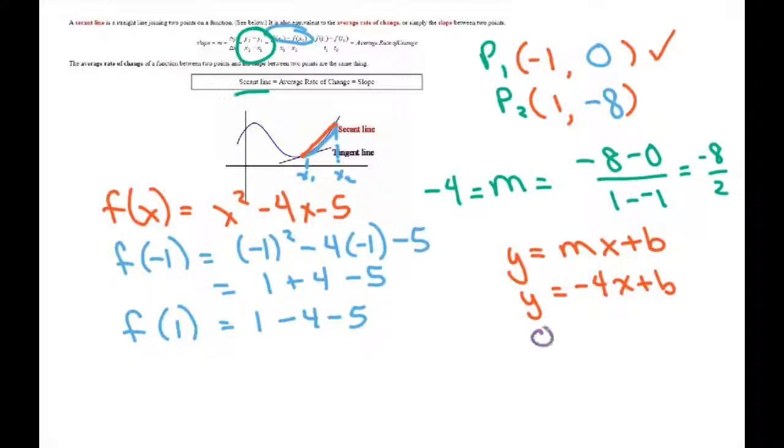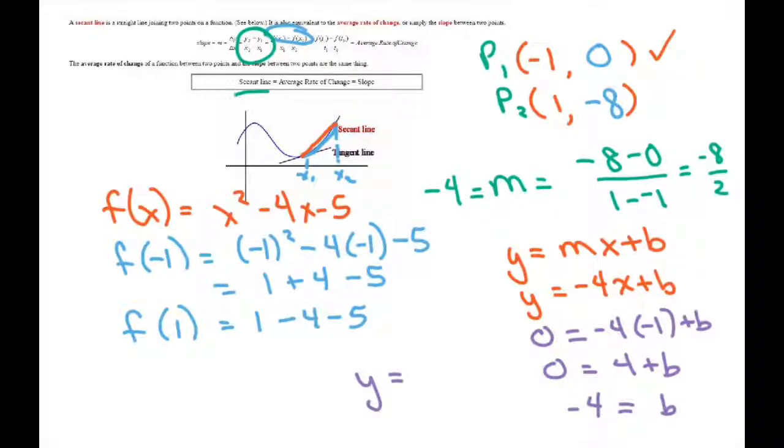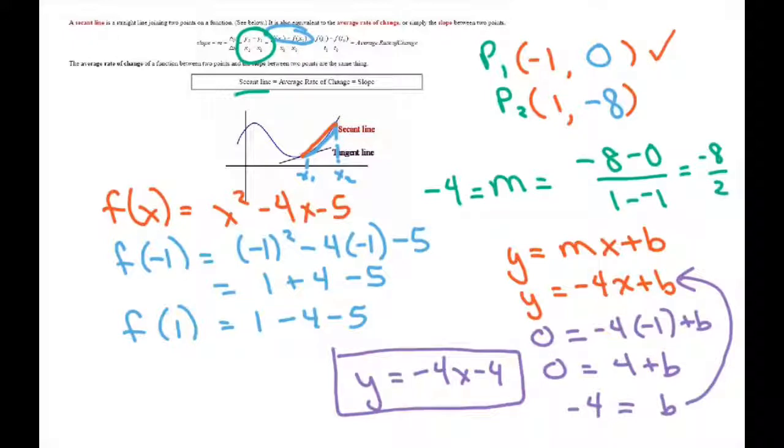So we have 0 equals -4 times -1 plus b. 0 equals 4 plus b, so clearly b is -4, because 4 minus 4 is 0. y equals -4x minus 4. So all we're going to do is plug that back in, and now you have your equation of your secant line.